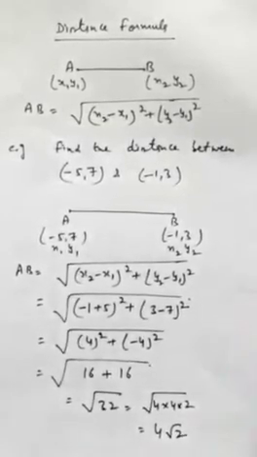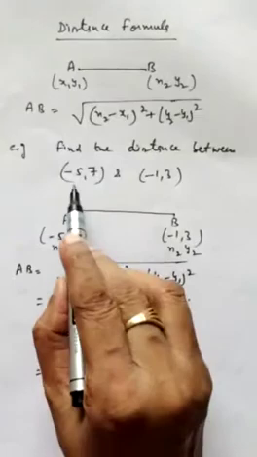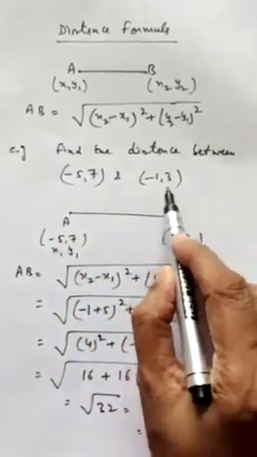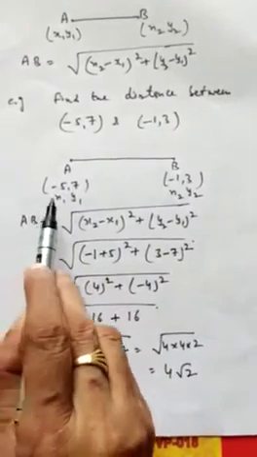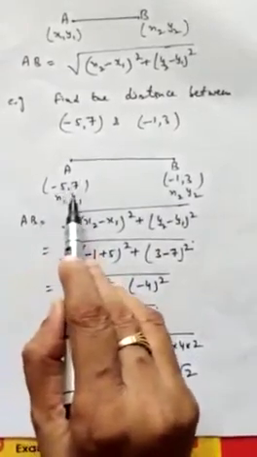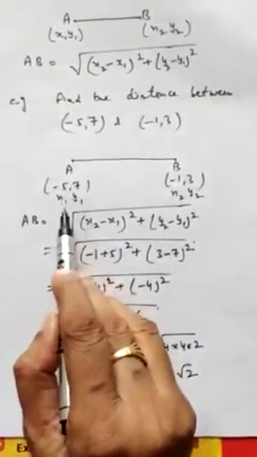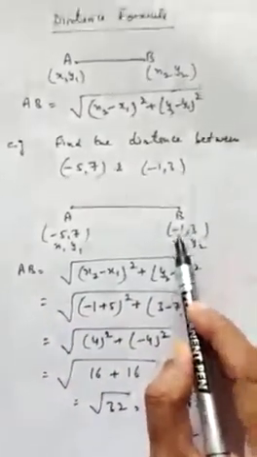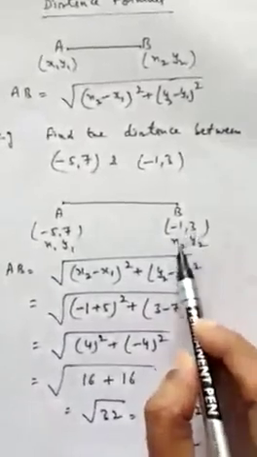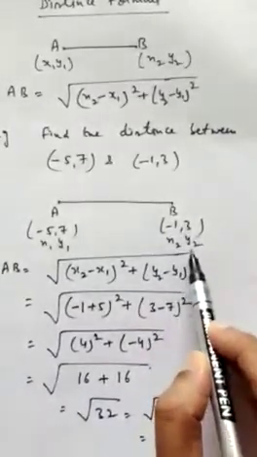I want to find the distance between (minus 5, 7) and (minus 1, 3). So let A be a point whose coordinates are (minus 5, 7), denoted by (x1, y1), and B a point with coordinates (minus 1, 3), denoted by (x2, y2).